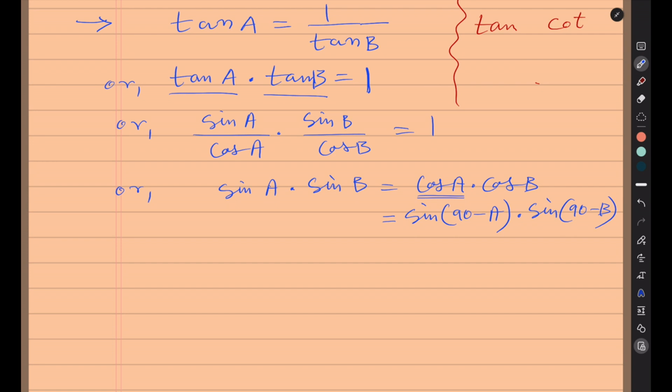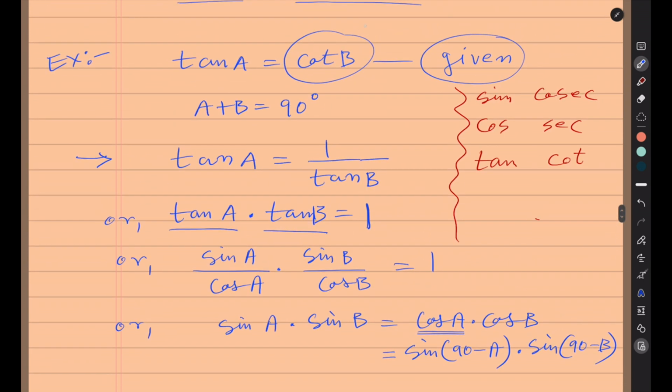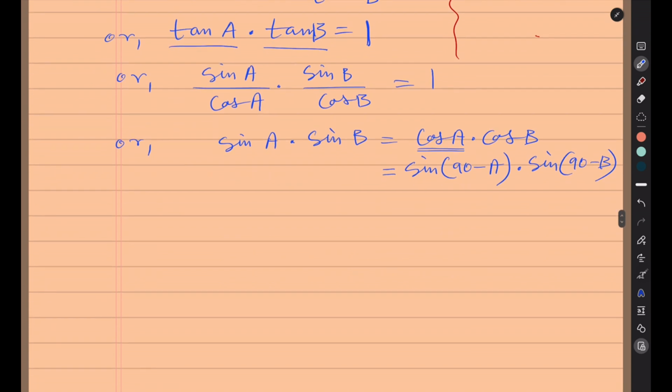So here, just taking what was given, we have at least derived it in a little bit different manner, that okay, sine A multiplied by sine B is equal to sine 90 minus A multiplied by sine 90 minus B. Does it give some hint to you?